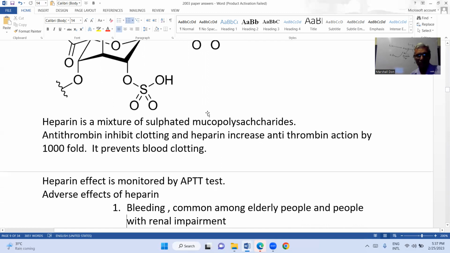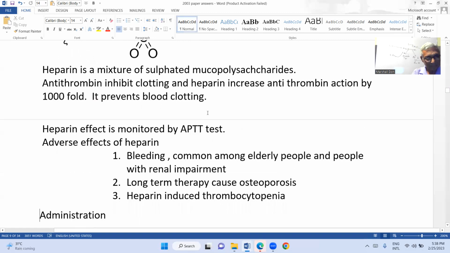So heparin is a mixture of sulfated mucopolysaccharides. It increases the action of antithrombin 3 by 1000-fold, prevents blood clotting, anticoagulant.